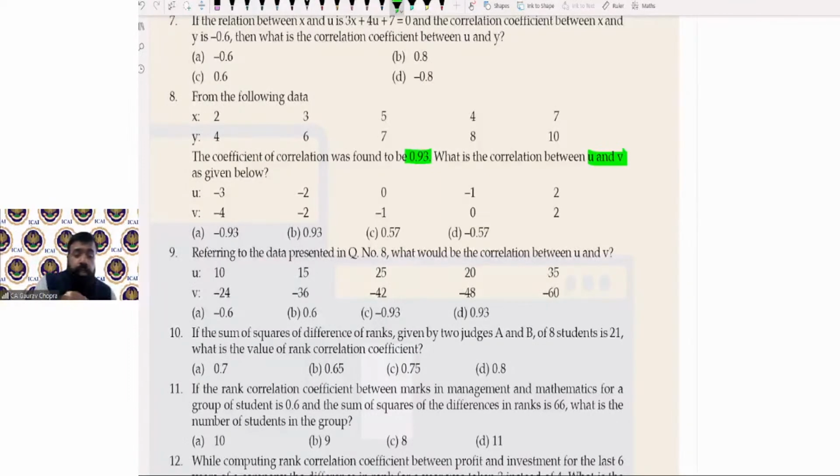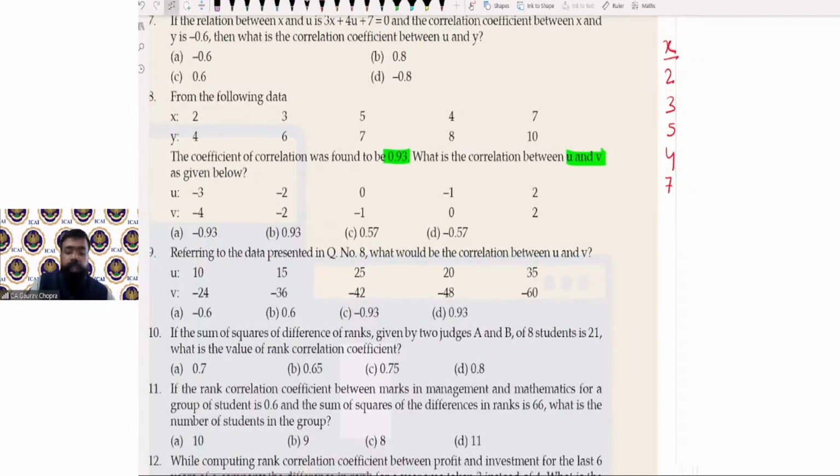Okay. Now see, x is 2, 3, 5, 4, 7. x की इक्वेशन किसके साथ बनती है? u के साथ में बनती है. u is -3, -2, 0, -1 and 2.